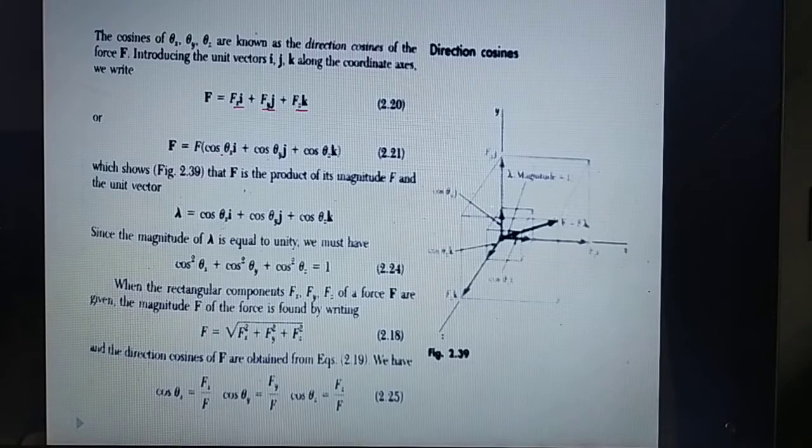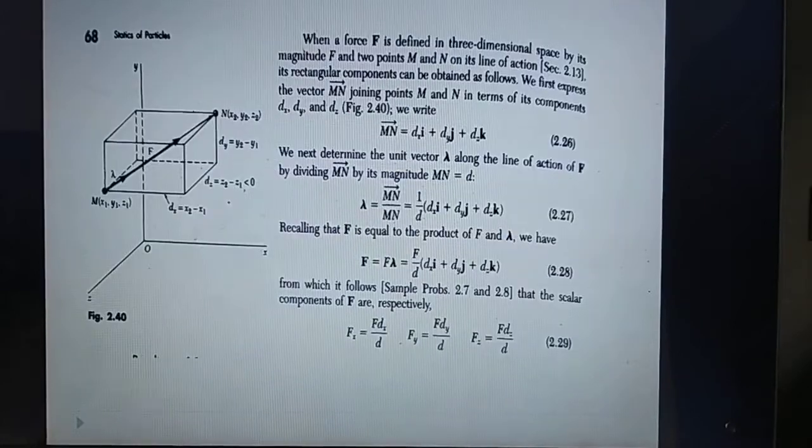If you use the angle, this is cosine theta x i, cosine theta y j, cosine theta z k. So the value of the main vector is the product of the magnitude and the unit vector. So this one is the vector.